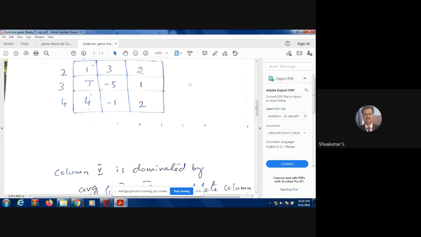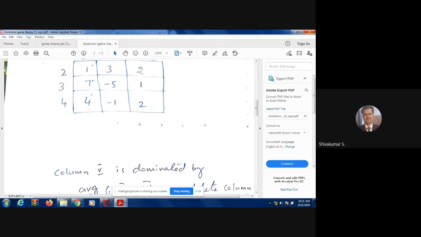Now you have to take the average values. Check out the columns or rows where you can get the average. For example, start with columns 3 and 4. 1 plus 3 is 4, divided by 2, that is 2.